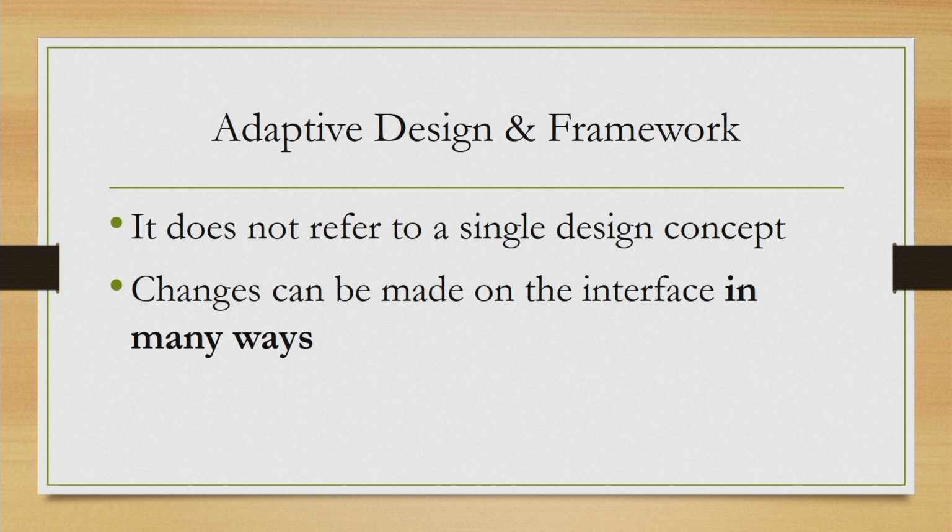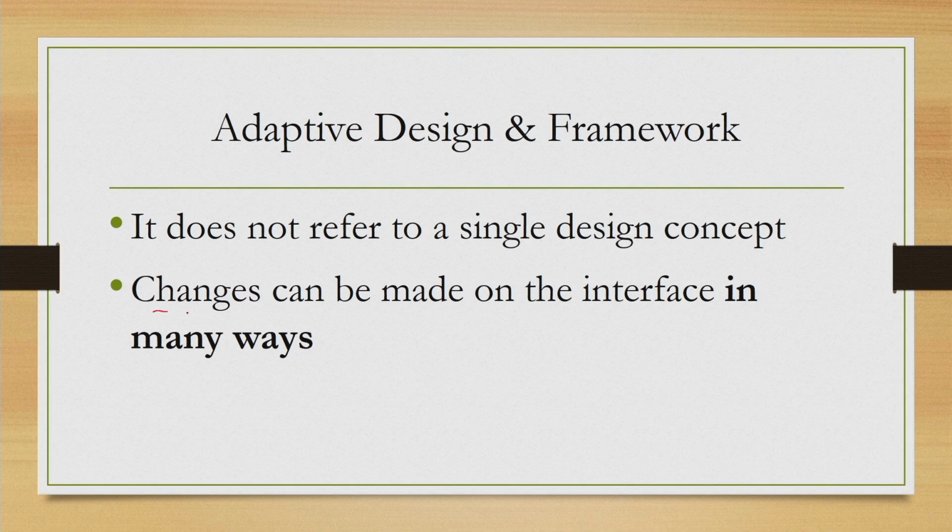However, these changes create a problem, because the changes that we make in the adaptive layouts of a virtual keyboard do not point to a single design concept. Each change actually refers to one design concept, and these changes can be made in many ways.